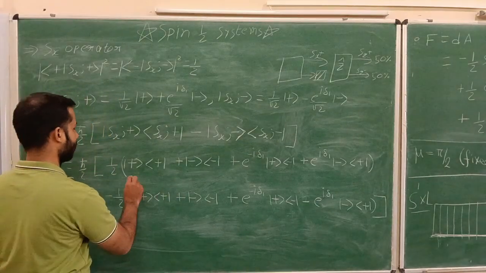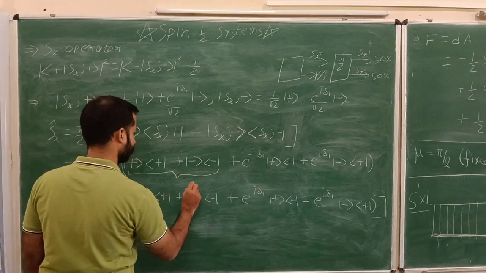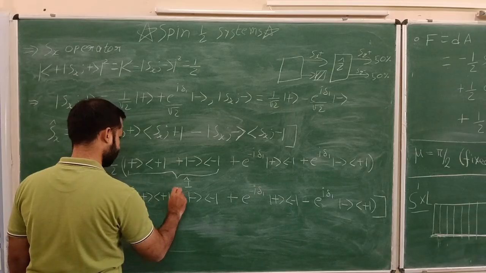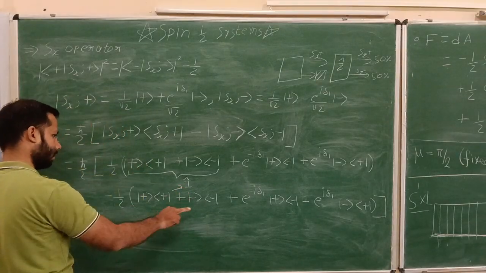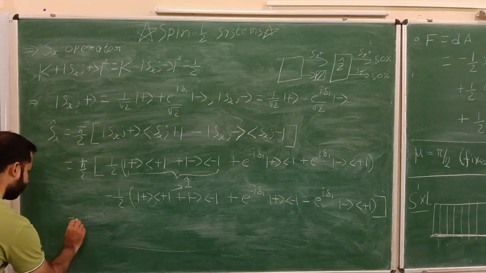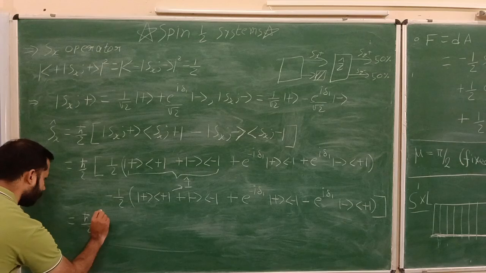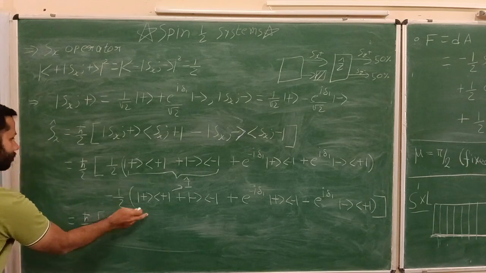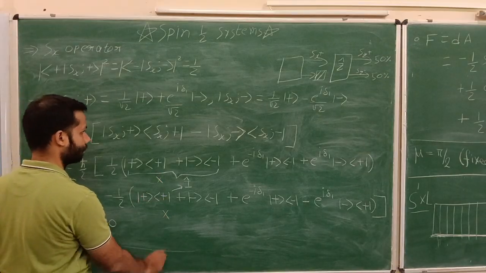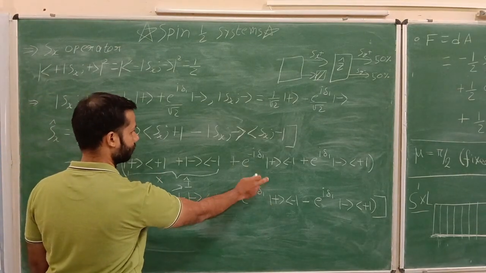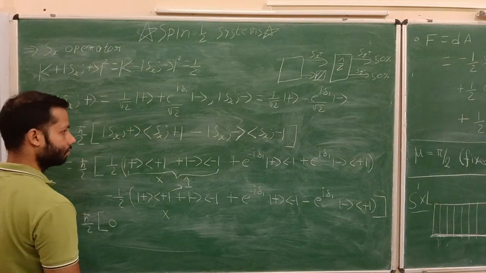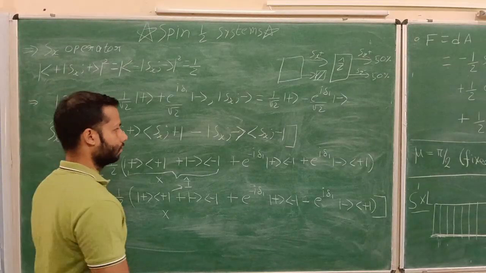This is nothing but the identity operator. So both of these will cancel and it will be 0. These two will cancel. So I will be left with this part. What will that be? This part will also cancel.